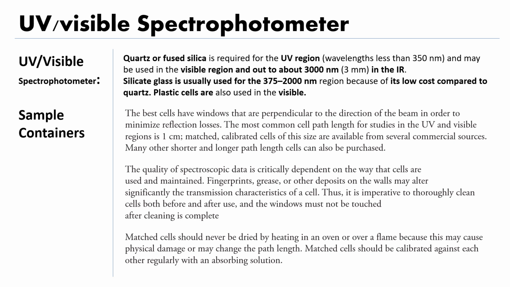So these cuvettes must be very clean, because if you leave fingerprints on the surface of the cuvette, or grease or deposits, you get erroneous results. So these are the sample containers.